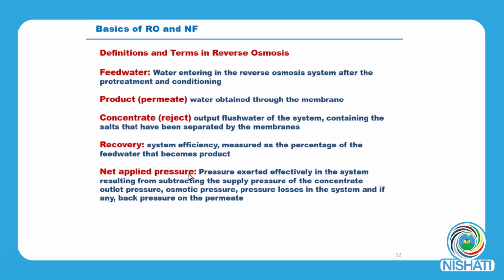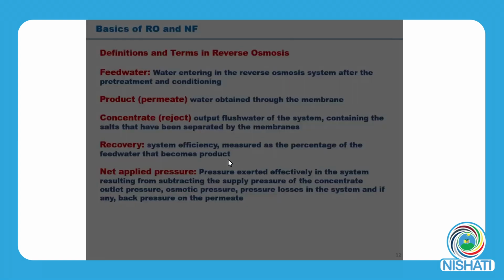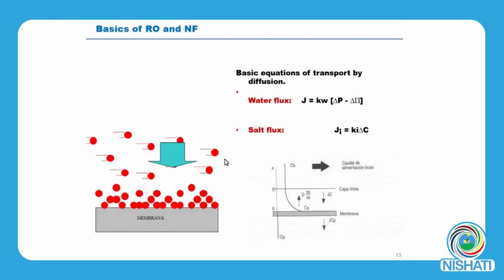That's the recovery: how much water we obtain from the feed water as a product. And the net applied pressure is the difference between the pressure that we are applying minus the osmotic pressure.